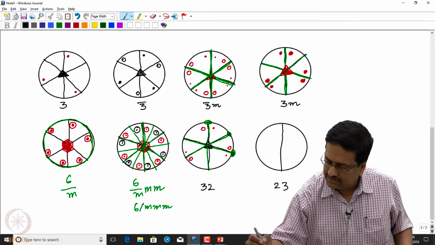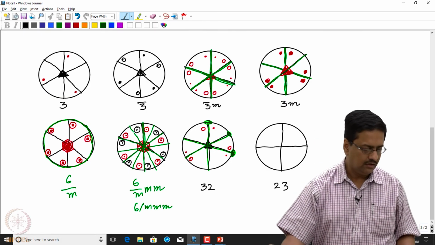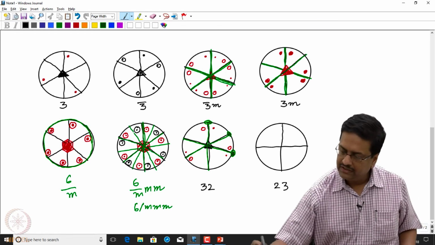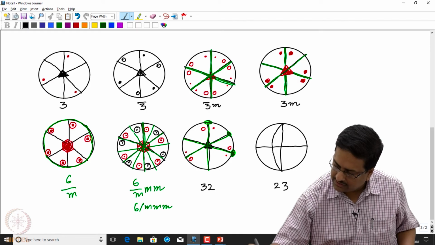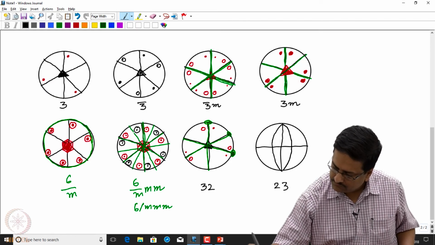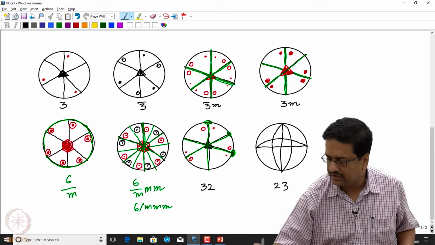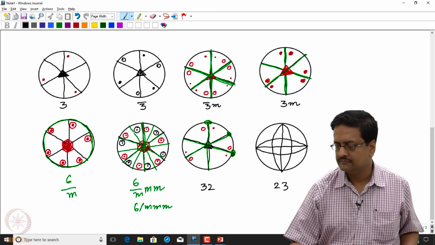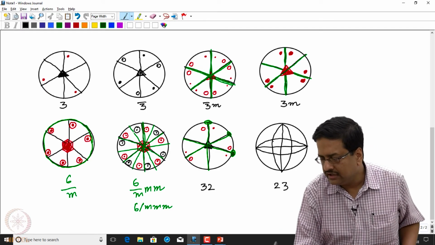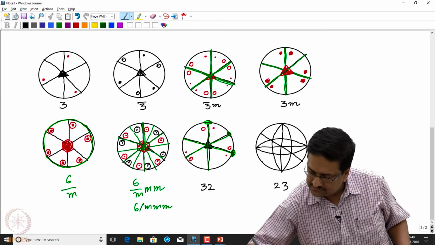First, I am dividing it into 4 parts. Then I am joining from top to bottom with a curved line. I am joining again left to right with a curved line, and then joining these points across.